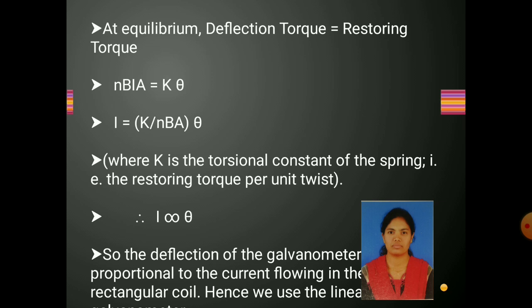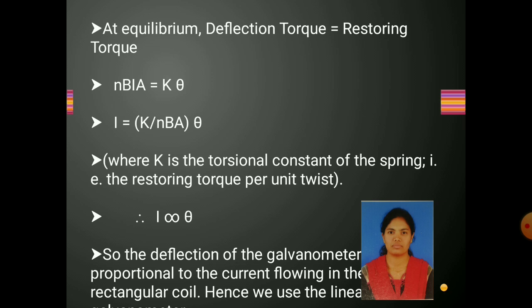By using the equation NBIA is equal to K into theta, we can find that the electric current in the coil is given by I is equal to K by NBA into theta. Here K is constant, the number of turns in the coil is constant, the magnetic field is constant, and the area of the coil is also constant.